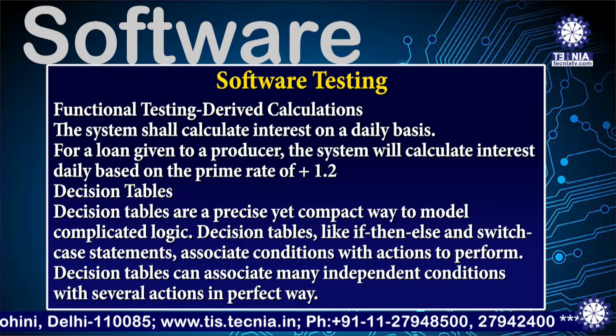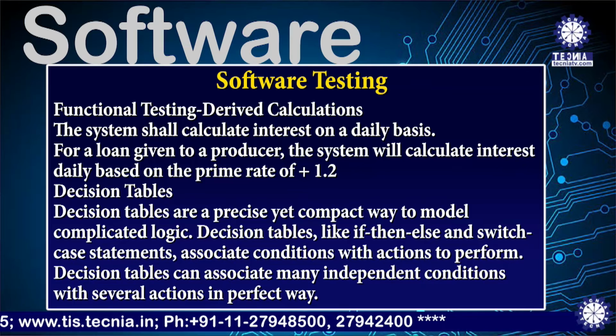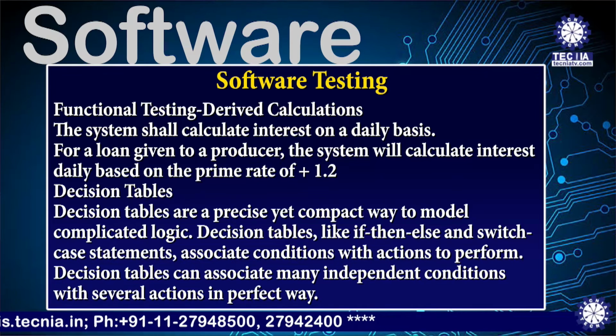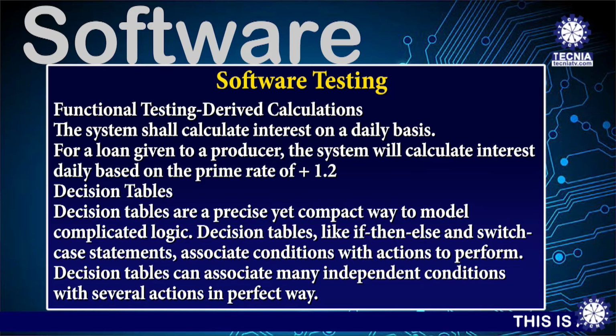After discussing re-engineering, now let us try to understand what derived calculation is. Friends, I think and I hope you have understood all these points. Now let's try to understand what derived calculations are. Friends, in derived calculations, a system shall calculate interest on a daily basis for any loan amount. If the system is calculating interest on a daily basis, then we can say that it is working as per the derived calculations.